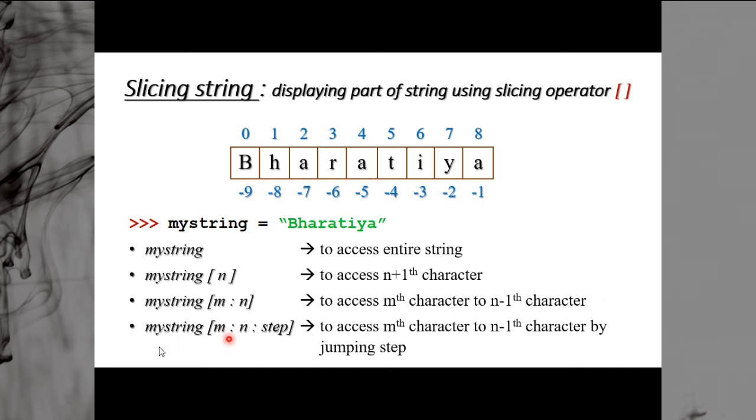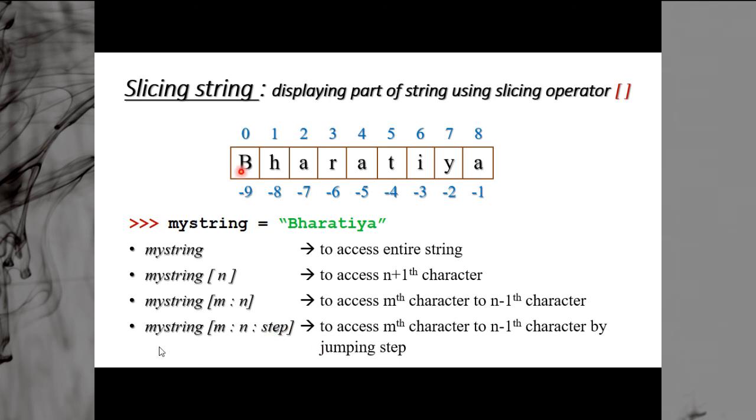Then my string m colon n colon step. What is this? M colon n colon step is to access from the mth character to the nth character as usual, not including the nth character, and the jump will be of the step.